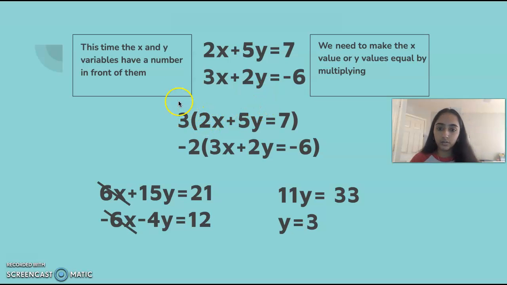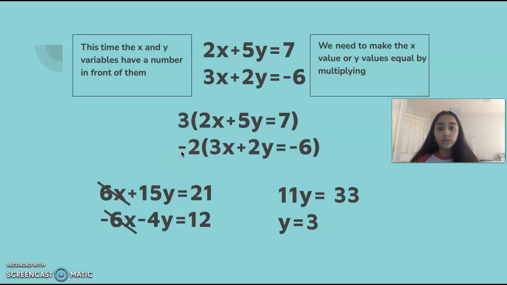So for the first equation, you wouldn't just multiply the 2x, you would multiply the entire first equation, similar to FOILing. So you would do 3 times 2x plus 3 times 5y equals 7 times 3. And then for the second equation, you would multiply by 2 because you want to get the 3 to be 6.